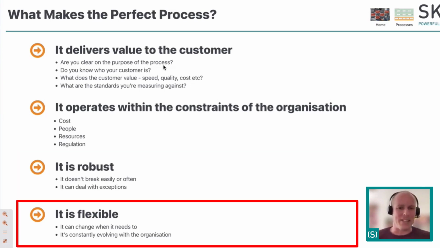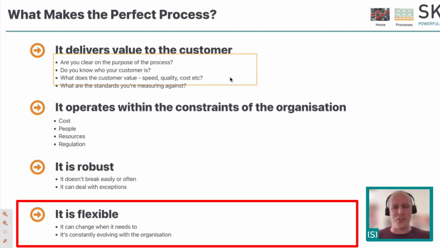And then the last one in there is, is it flexible? And I think this is really important because, can it change when it needs to, and is it constantly improving? And that really comes down, I'm going to touch on this in one of the later sections, to this first section. So, making sure that we're always clear about who the customer is and what they value, because that may change over time.